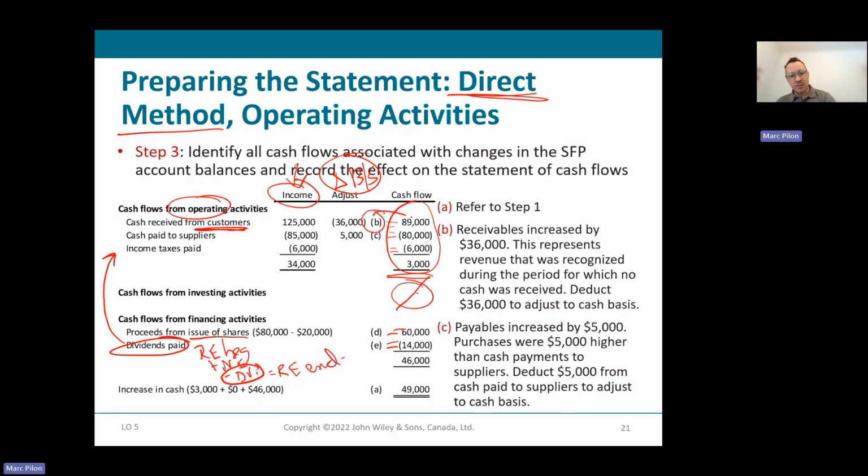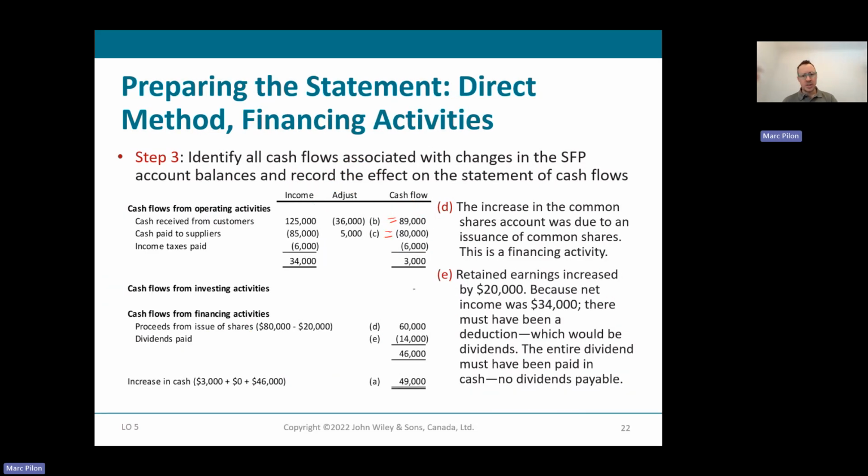Okay, so we covered that. You could look at the references here for further explanations, but I think I nailed it. And yeah, so that would be D. I covered that. And then the difference is 3,000 plus 46 equals a change, which is an increase, could also be a decrease in some years, of 49.